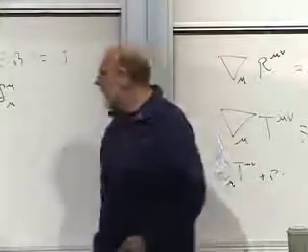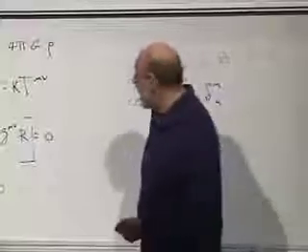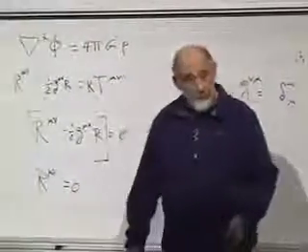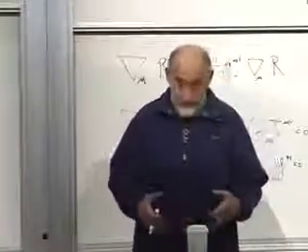So the answer is, in three-dimensional space, or even three-dimensional space-time, if there was such a thing, the Ricci tensor would be a full description, and if the Ricci tensor was zero, the space is really flat.